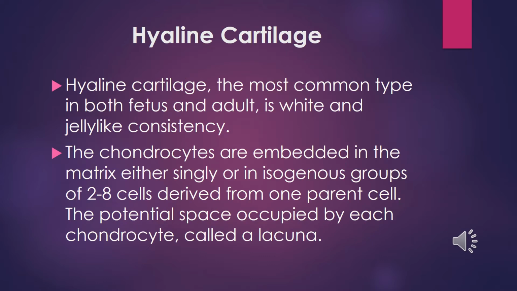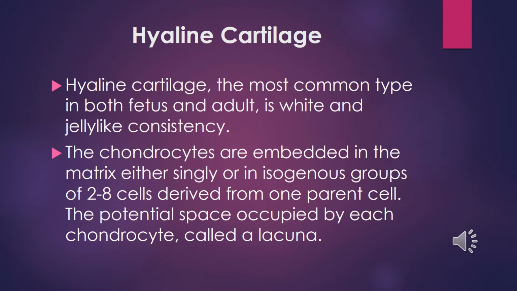Hyaline cartilage is the first type of cartilage which I will present in this lecture. Hyaline cartilage is present in the embryonic period, and in adults. It's a common type of cartilage. It has a white or light blue color and a jelly-like structure.